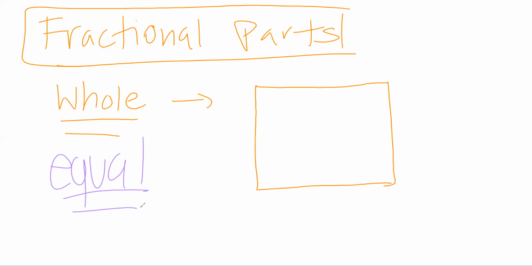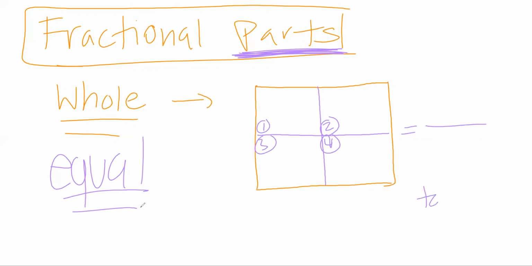Everything's got to be equal. So I'm just going to cut it into equal parts like this, right? And then let's look at this model and ask, how many parts did I cut it into? This is fractional parts. Well, we have 1, 2, 3, 4 parts. That's the total. There's a total of 4 parts, so that's my denominator.